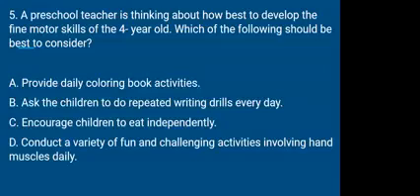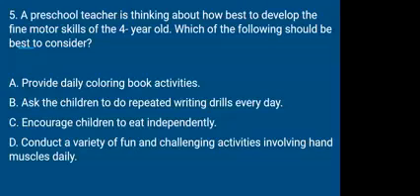Is it letter A, provide daily coloring book activities? For letter B, ask the children to do repeated writing drills every day. For letter C, encourage children to eat independently. And for letter D, conduct a variety of fun and challenging activities involving hand muscles daily.